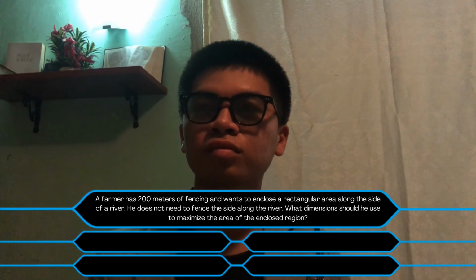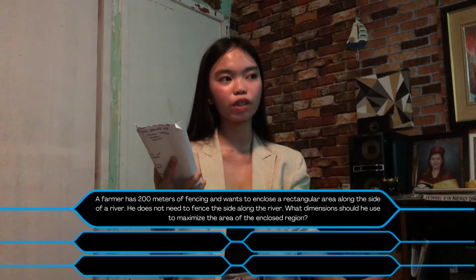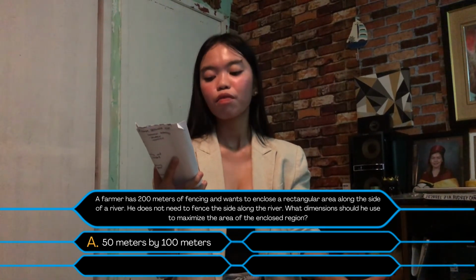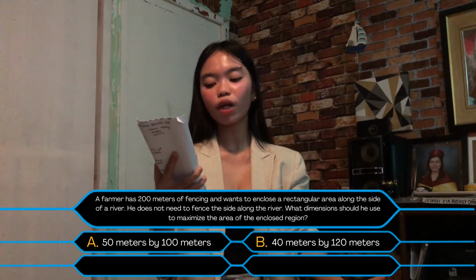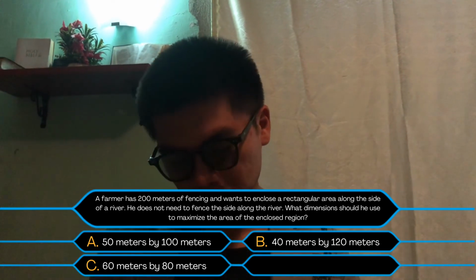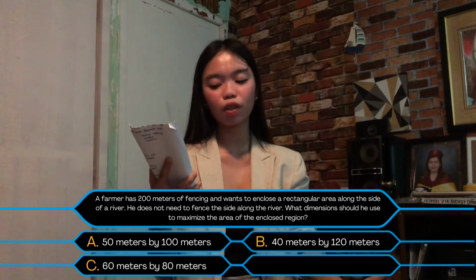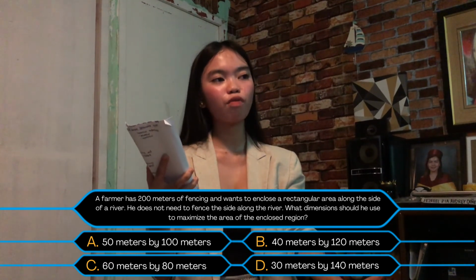What dimensions should he use to maximize the area of the enclosed region? A. 50 meters by 100 meters. B. 40 meters by 120 meters. C. 60 meters by 80 meters. And letter D. 30 meters by 140 meters.